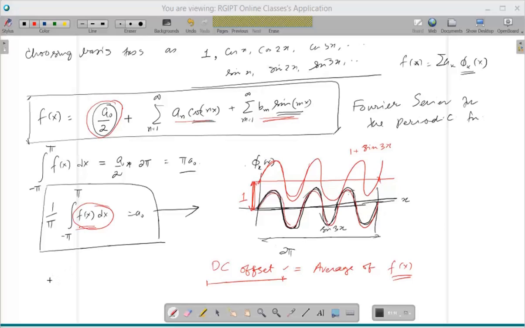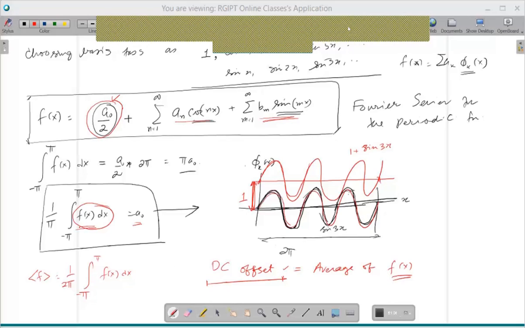You integrate from a to b and divide by b minus a. So the average of f would be the integral of f(x) dx from minus pi to pi divided by 2 pi. So twice the average is a0, and a0 by 2 is the average. That's the first term. Is that all right?